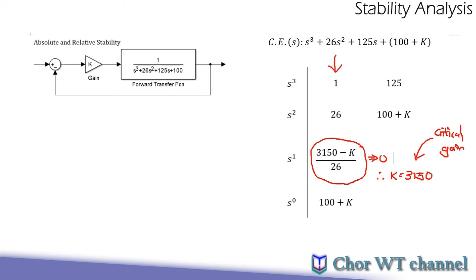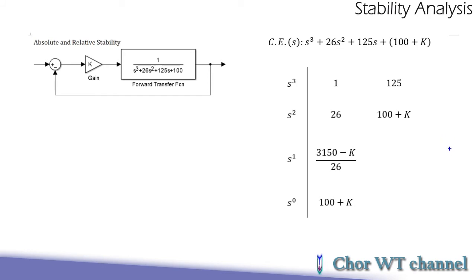At this critical gain, we expect the system to exhibit an undamped response, that means a sustained oscillation. But we also need to know whether the stability range is higher than 3150 or lower than 3150.